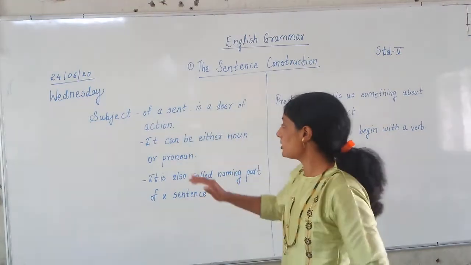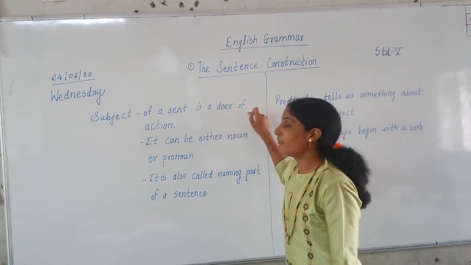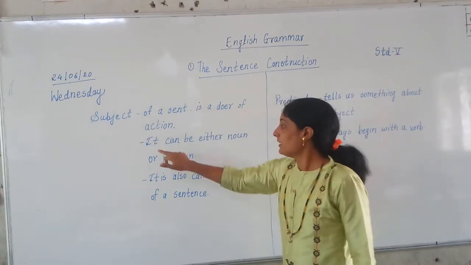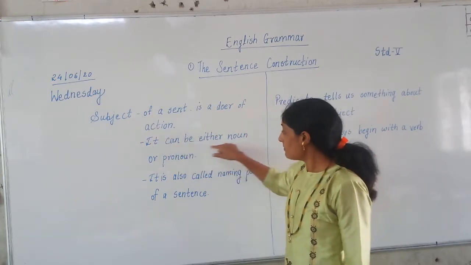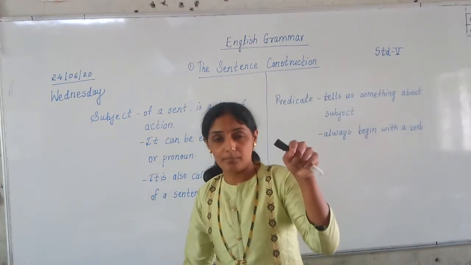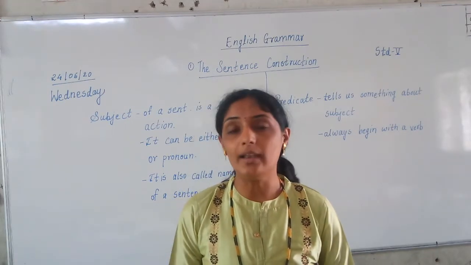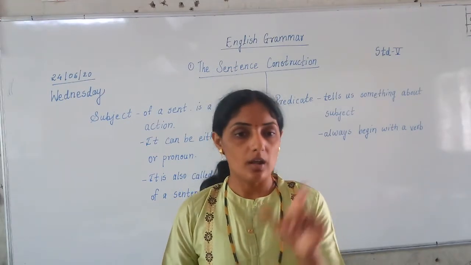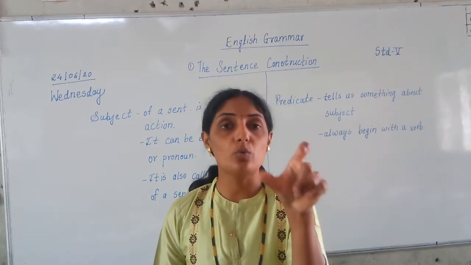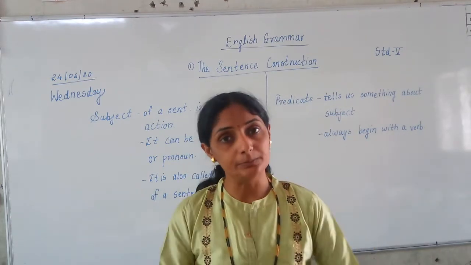So here it is told that the subject of a sentence is a doer of action, who does the action. Subject can be either noun or pronoun. Sometimes it can be a noun. In Rahul acts like Robin Hood, Rahul is a noun. Noun means naming word, name of a person.